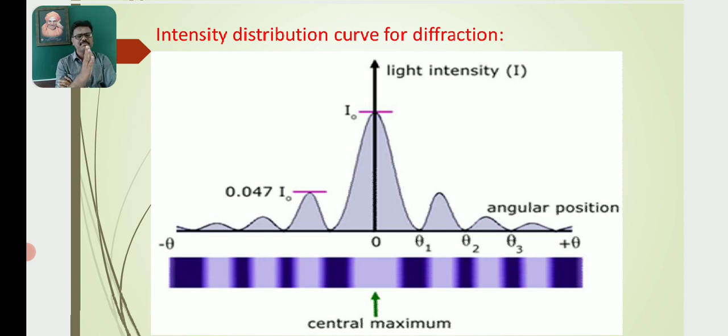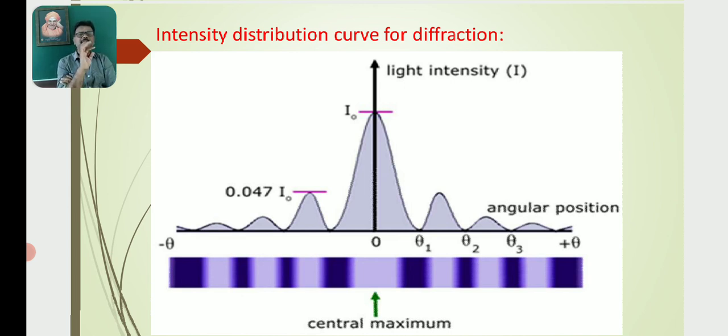As we move from the central maximum, the intensity of the fringes gradually decreases on either side of the central maxima. The width of the central maximum is greatest compared to all other bands, and the width of the fringes goes on decreasing.